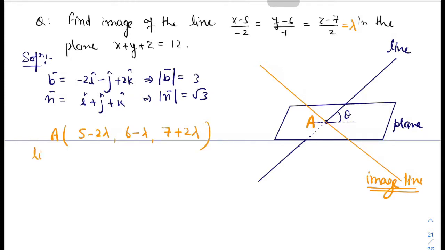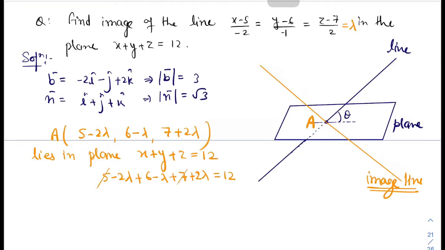Also A lies in the plane, and what is the plane? x plus y plus z equal to 12, so it must satisfy the equation 5 minus 2 lambda plus 6 minus lambda plus 7 plus 2 lambda is equal to 12. 5 plus 7 is 12, which cancels with the 12, and we are left with 6.